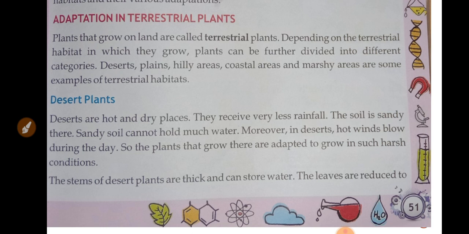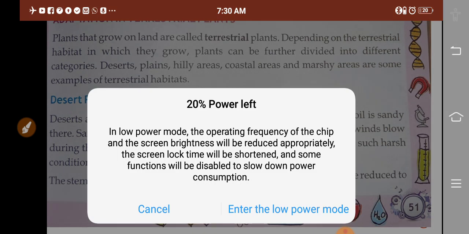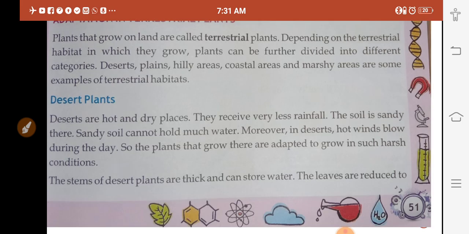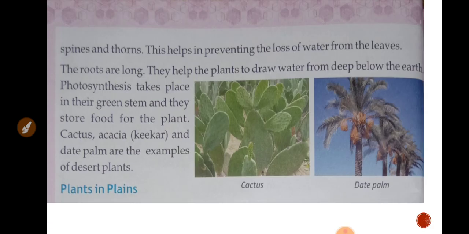Now here we have to discuss the adaptation in the terrestrial plants. Terrestrial plants are the plants which grow on the land, whereas aquatic plants grow in the water.